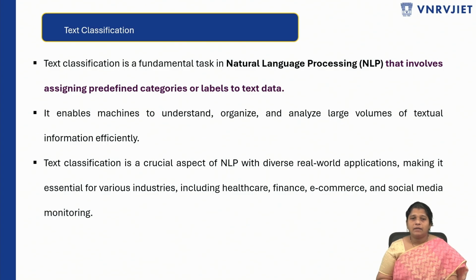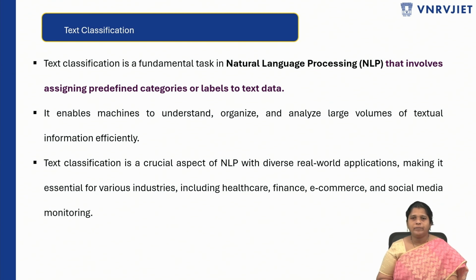efficiently. Text classification is a crucial aspect of NLP applications, with diverse real applications: sentiment analysis, opinion mining, categorizing text into positive and negative reviews, and in various essential areas such as healthcare and industries.